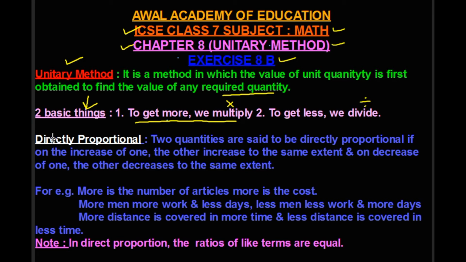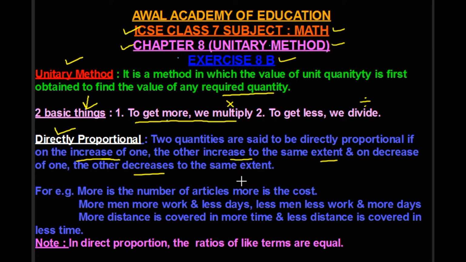Now one thing you will hear here is directly proportional. Two quantities are said to be directly proportional if on the increase of one the other increases to the same extent, and on decrease of one the other decreases.